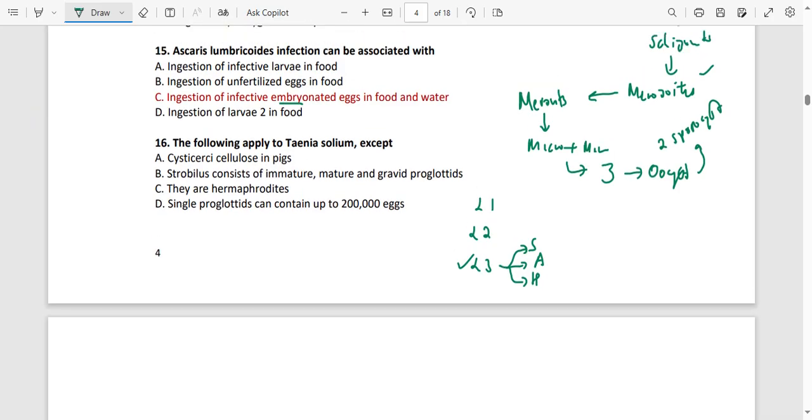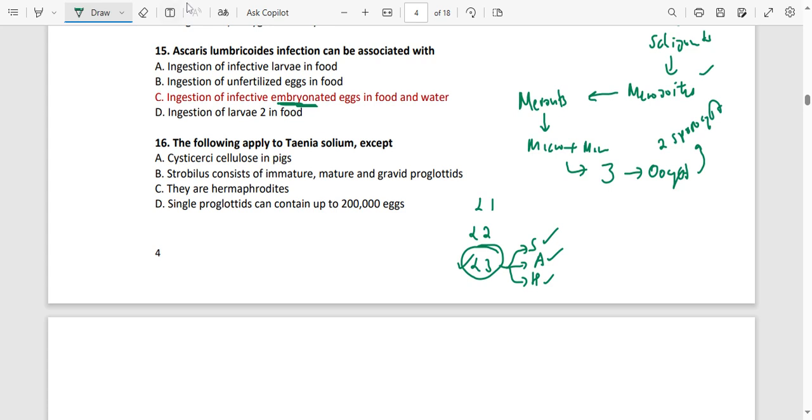The filariform larva is the infective form of Strongyloides, Ascaris and the hookworms. So embryonated eggs are the ones which contain this larva. Remember, embryonated, the eggs already have the embryo, and the embryo is that larva which is there.